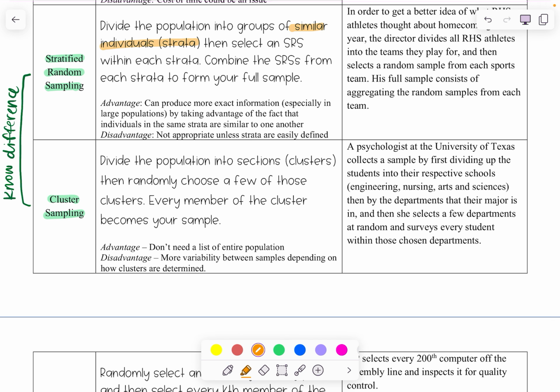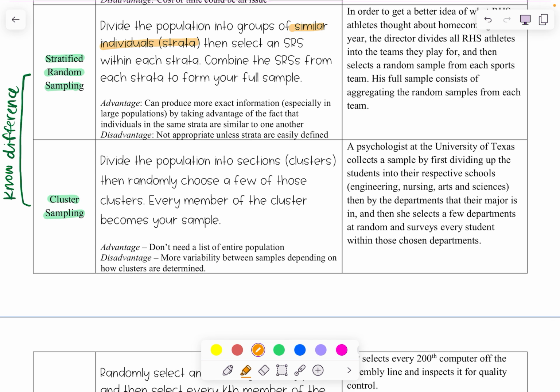Now, with the simple random sample, if it's true randomness, you technically could pick all people from one group. Like if I sampled from the entire student body and I sampled 100 kids, I could get 100 people who have A lunch just from randomness alone.